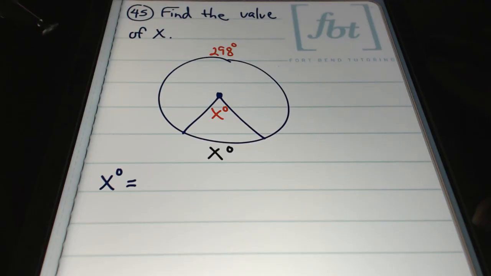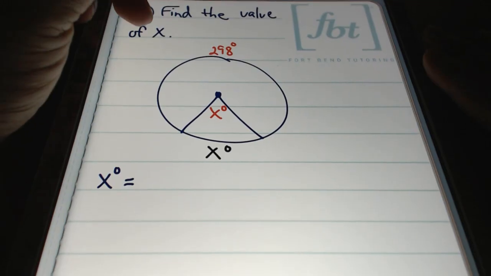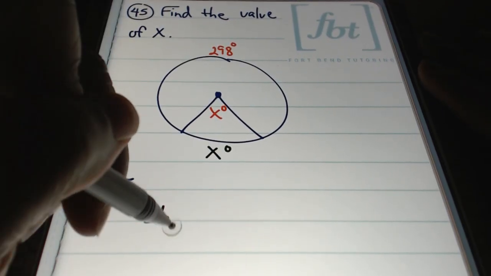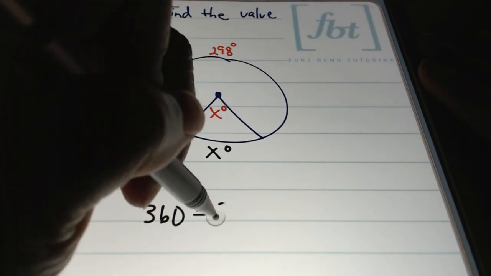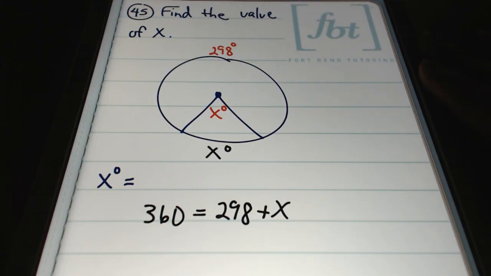Absolutely. And in addition to that, we already said that the total amount of degrees in a circle is 360 degrees. So our equation can be set up as follows. We can say that 360 degrees must be equal to 298 degrees plus x degrees. And then solve for x in this problem.